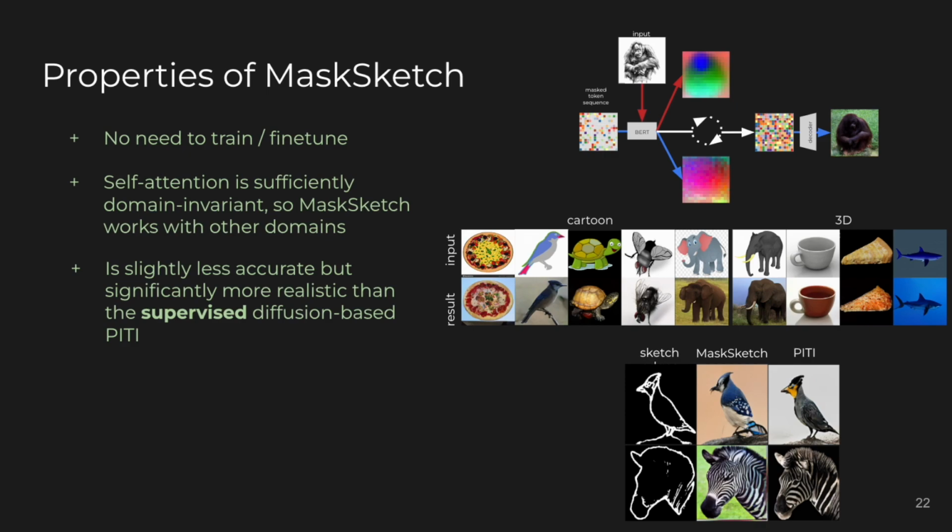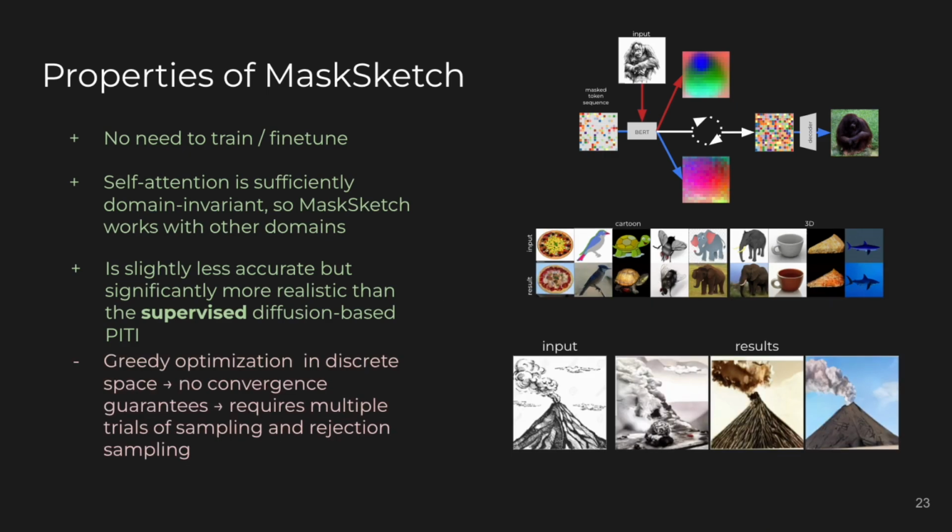Compared to the supervised diffusion-based methods such as PIDI that require pairwise supervision, MaskSketch is slightly less accurate but significantly more realistic. In addition to that, it is more domain invariant since it does not require fine-tuning. One of the downsides of MaskSketch is that it involves greedy optimization in the discrete token space, which is why it does not guarantee convergence to an optimal solution.